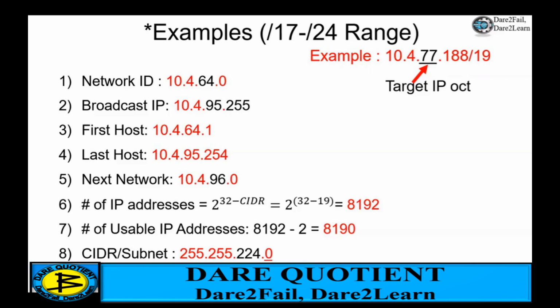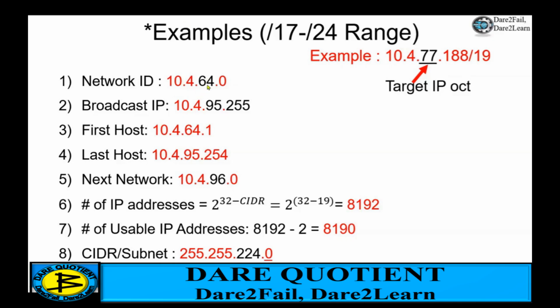So that gives you the network ID, which is the number before the target IP. As such, you have your network ID as 10.4.64.0.